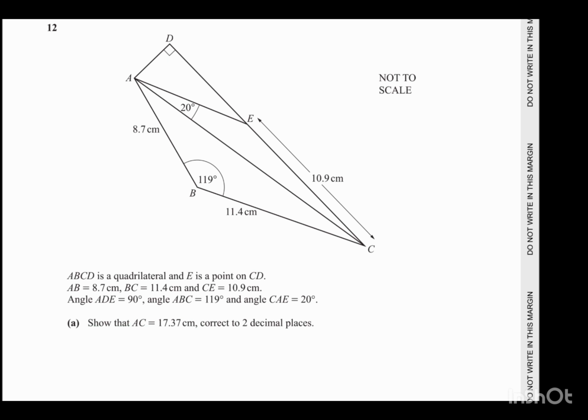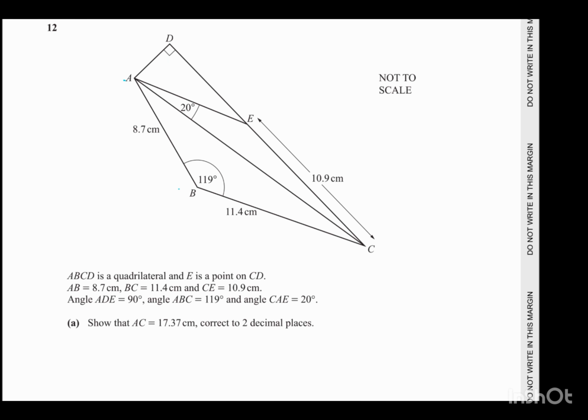So we have to show that this line is 17.37. That line is 17.37. So using the cos rule, we will find out AC is equal to square root of, using the triangle ABC. Well, let me write that first.